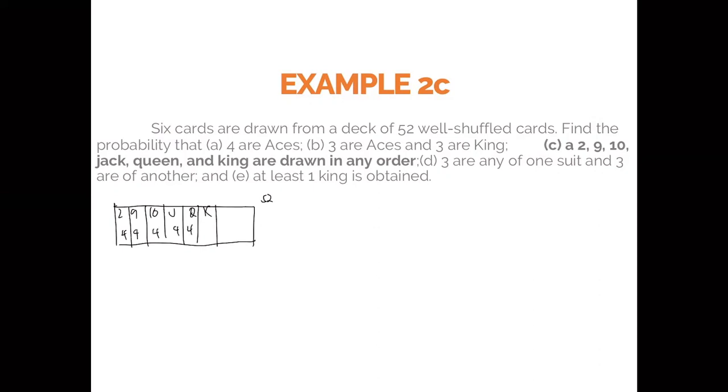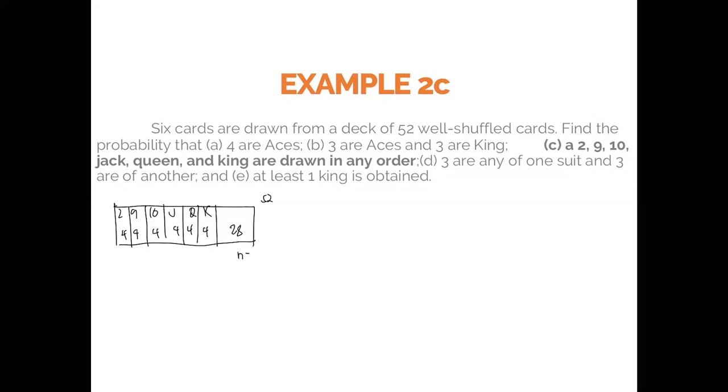Na cards mula doon sa card natin. So, yan is 4 times 6, which is 24. Meron tayong 24, so 52 minus 24, 28 na lang yung natira dun sa cards natin. Okay? So, ngayon, kukuha daw tayo ng tigi-isang 2, 9, 10, Jack, Queen, and King. Yun yung success natin. Then, yung failure natin, matitira is 0 na lang, no?